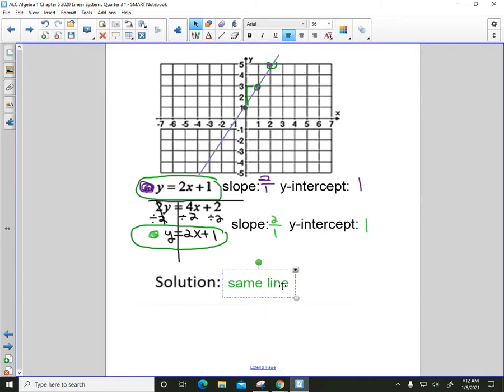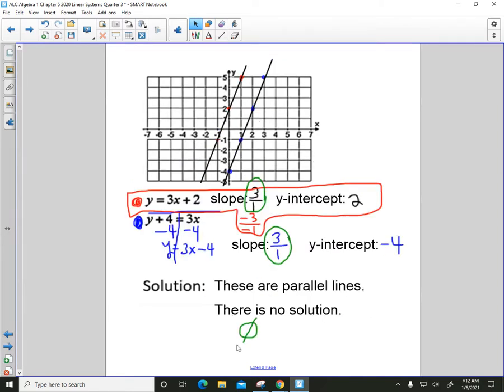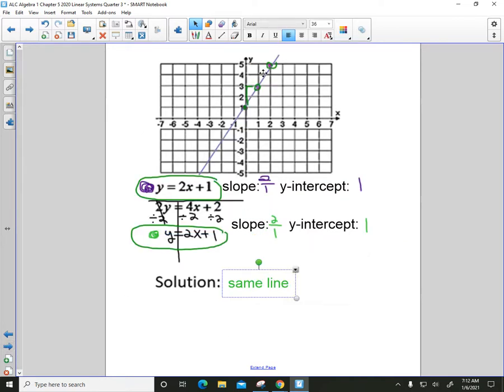Okay, so same line. And having said that, the question is, how many solutions does it have? And remember, if they never cross, we have no solutions whatsoever. If they're the same line, then every single spot on this line works for both of the equations. So do we have 1 solution? Do we have 3 solutions? Do we have 5 solutions?